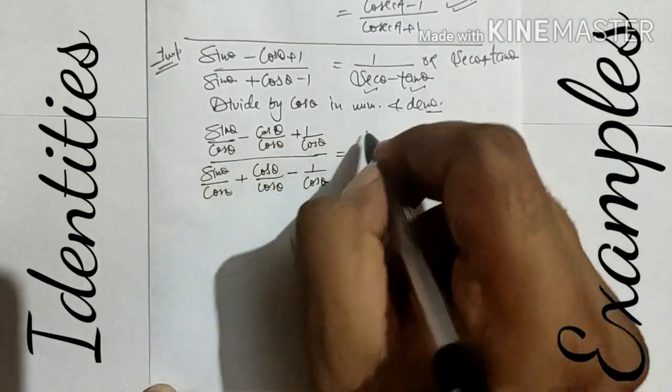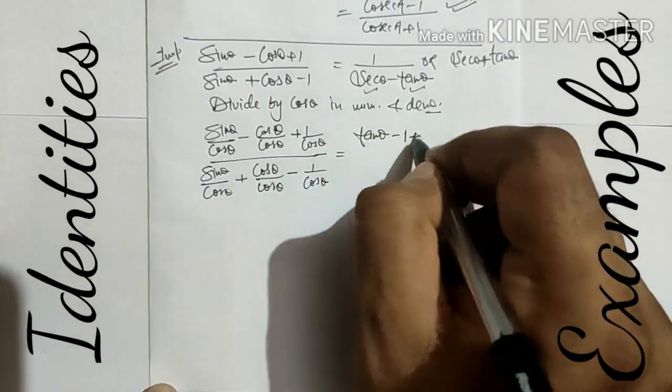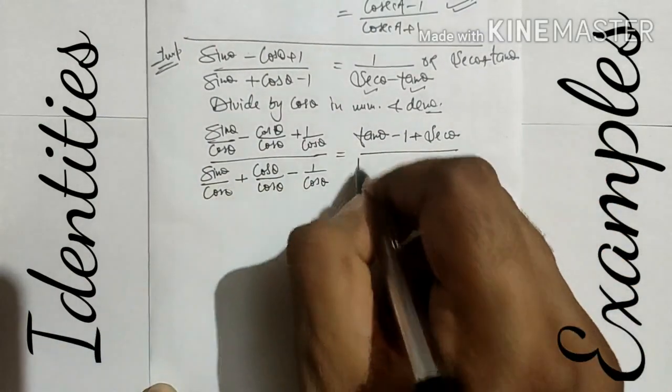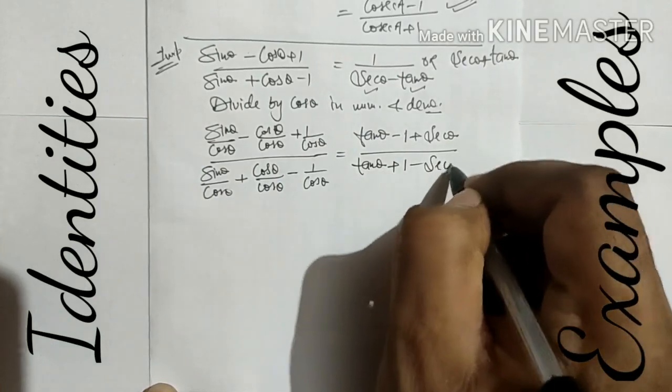If you see here, sine theta by cos theta becomes tangent. This value becomes 1. This value becomes secant theta in denominator. Sine theta by cos theta is our tangent theta. It becomes 1. Next becomes secant.